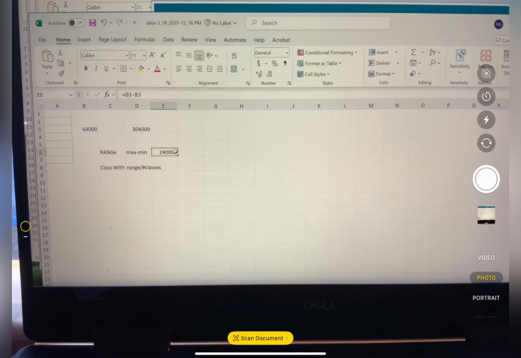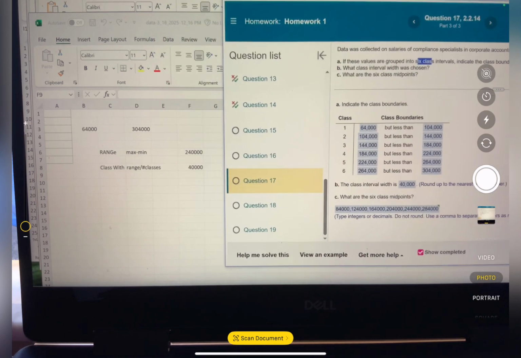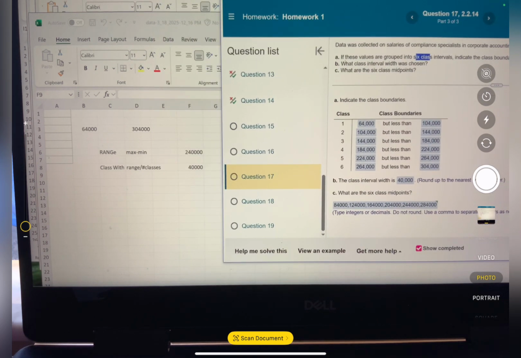Okay, that is equal sign. My range is this one, and divided by the number of classes, which is 6. I just put 6. So I get 4,000. So 4,000 is going to be my class width.